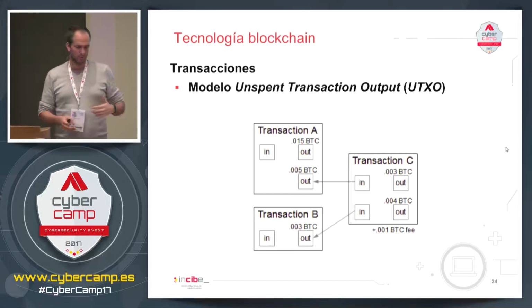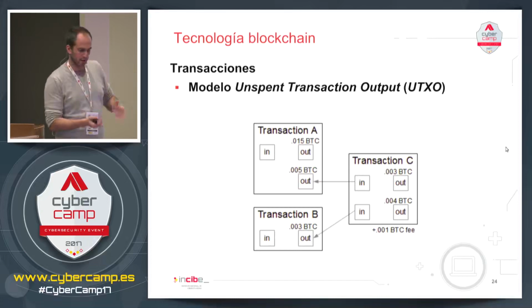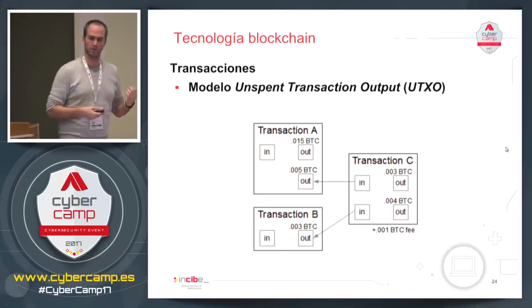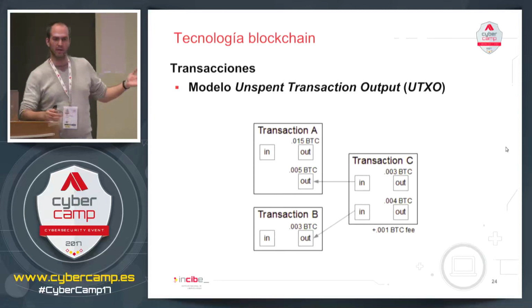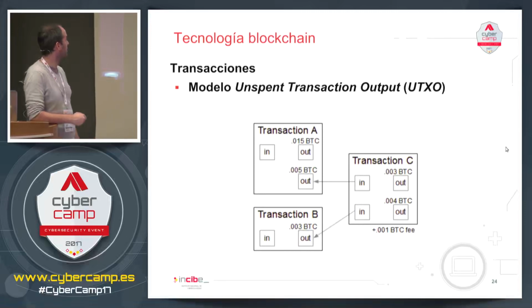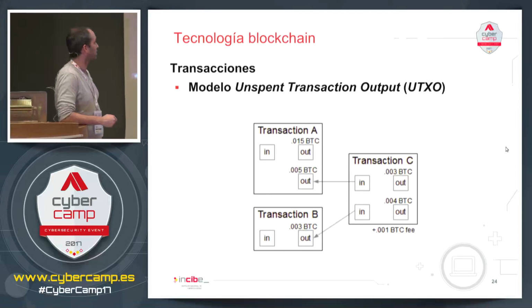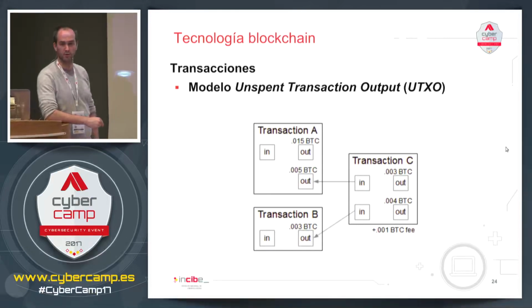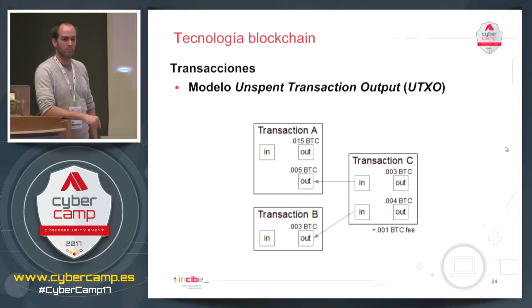What other things do you need to consider with this model? One of the downsides, as it were: how do I get my change? Say I want to pay, and I've got two ins. In one I've got 0.05 bitcoins, and in the other I've got 0.03 bitcoins. So that makes 0.08.